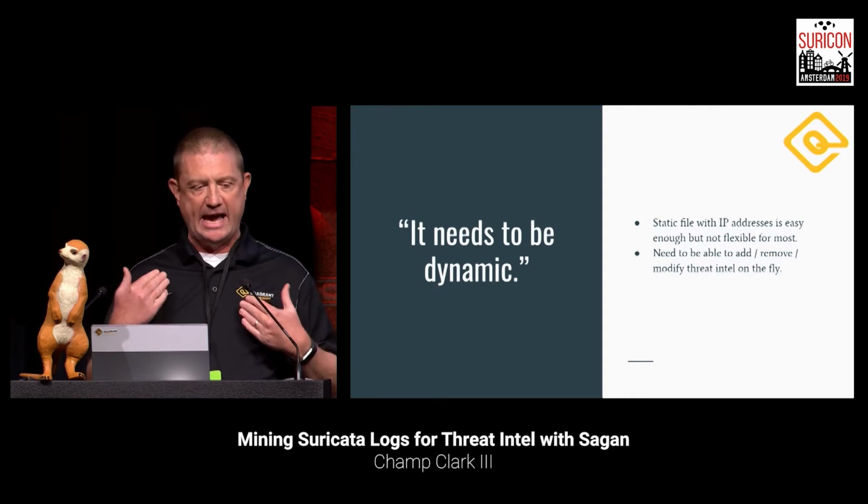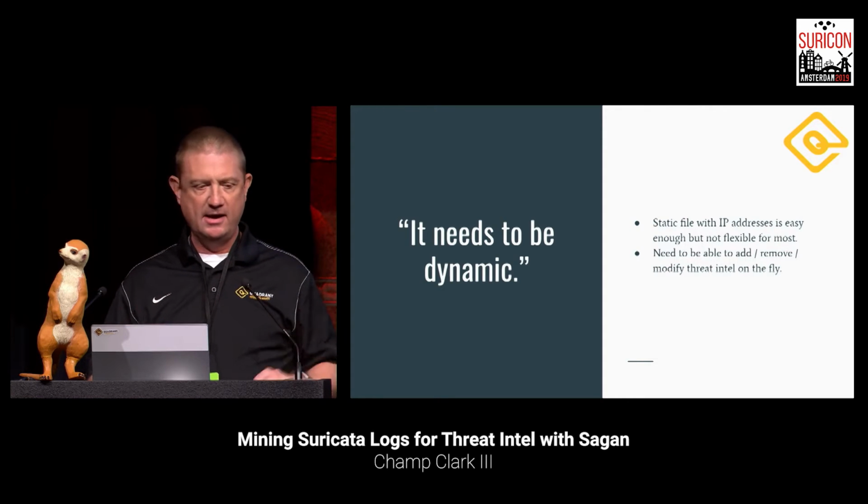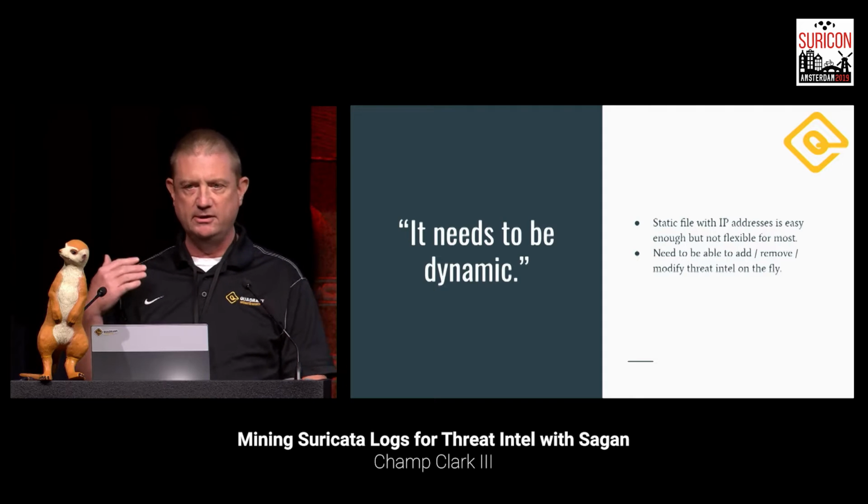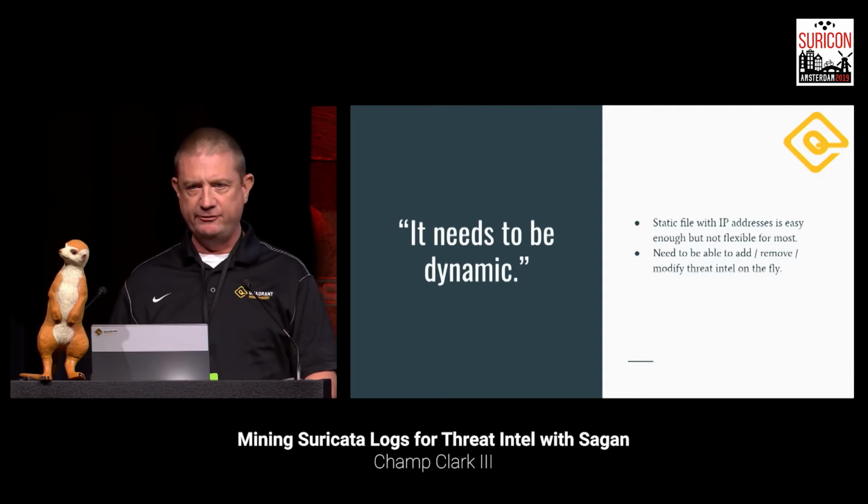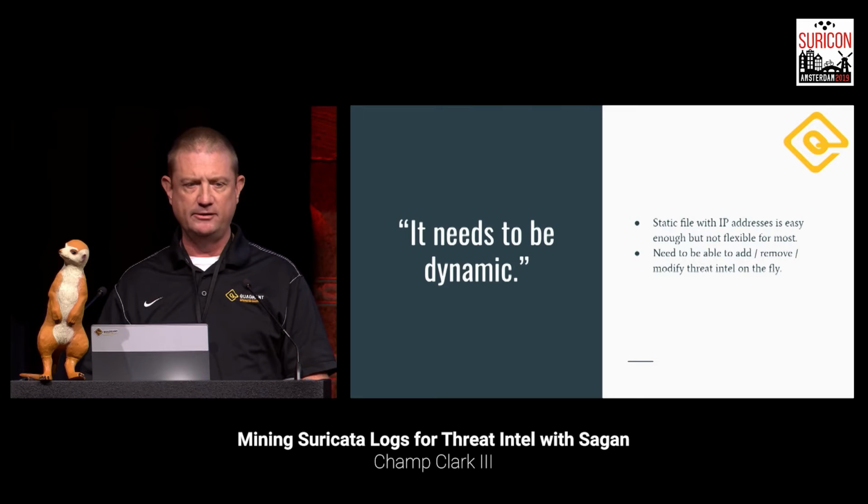And being able to add and remove data on the fly is also important, because sometimes, even despite our best efforts or even the sources that you get threat intel feeds from, some of the data that you get may or may not be that great. So for instance, I've actually seen IP addresses of IOCs of 8.8.8.8. Well, that's not going to do you very well with your threat intel research.